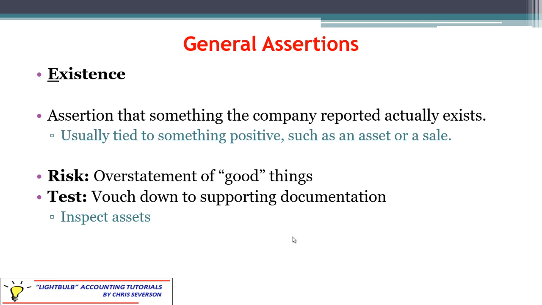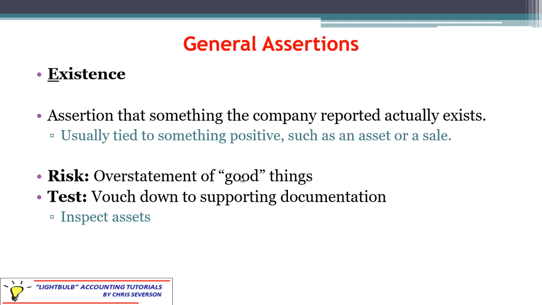In other words, you take the number from this high-level perspective, the financial statement, and you start working down into the details. You vouch down. That's the term you use. You vouch down to the details, and you inspect the underlying assets themselves, possibly the documentation for the assets. If it's a sale or a revenue, you look at all the invoice documentation just to make sure it really did exist.